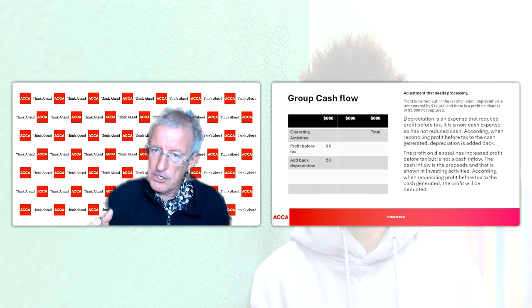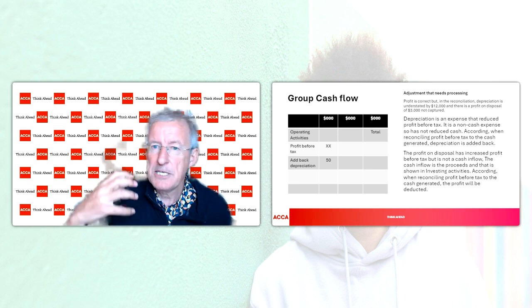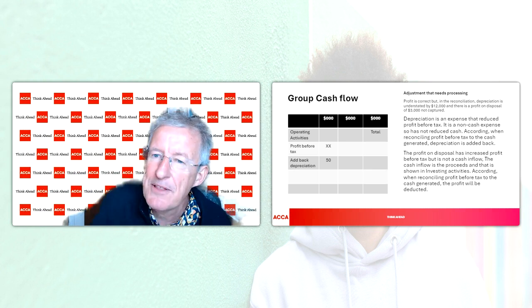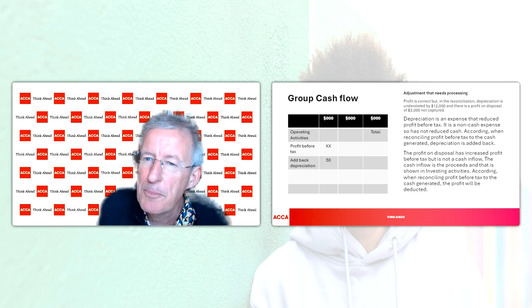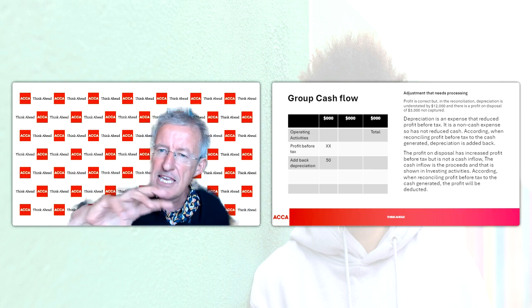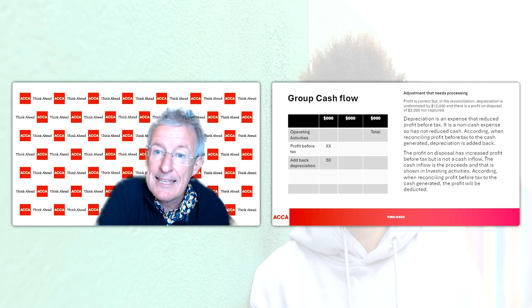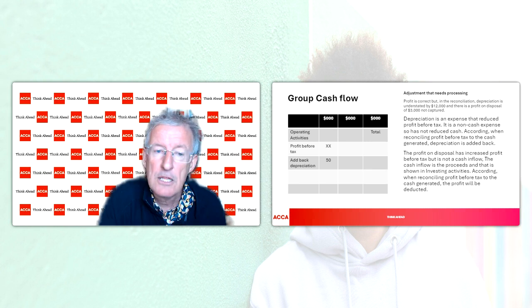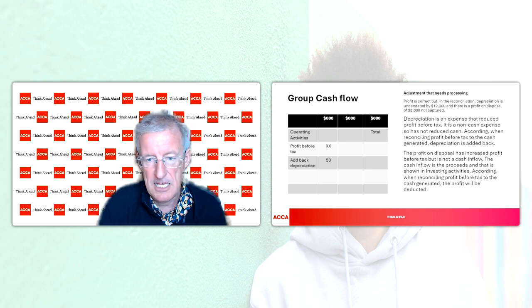And the profit on the disposal is a boost to profit, but is not a boost to cash. Cash goes up by the sale proceeds, not the profit. So there's a yin and there's a yang. You add back the impairment loss, you add back the depreciation. If you've included in profit, the P&L, the profit on the disposal, you're going to have to deduct that.